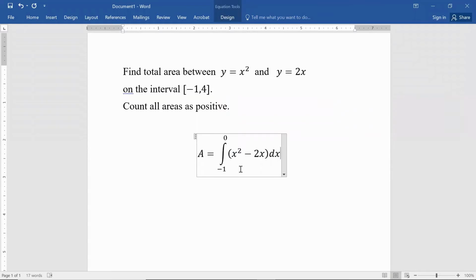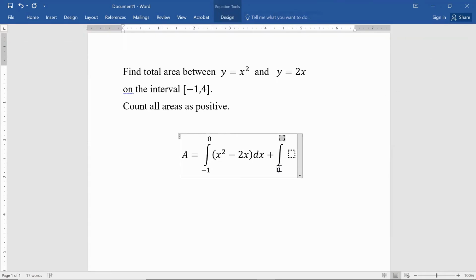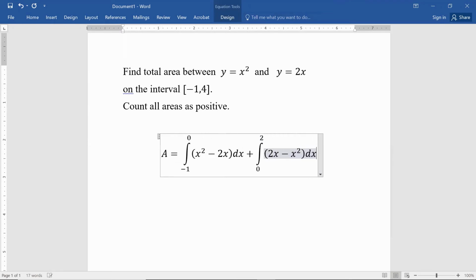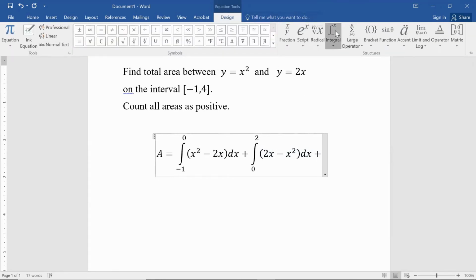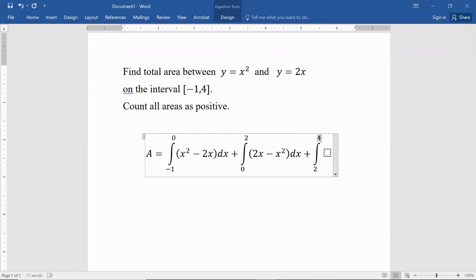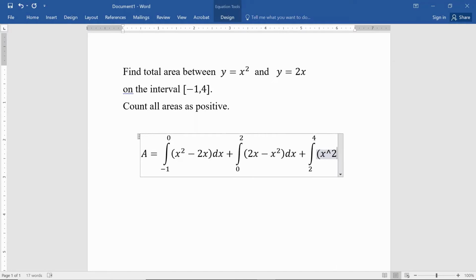That's that first region. The second region is going to go from 0 to 2, and in that region, the 2x is on top. And then a third region, which is going to go from 2 to 4. The x squared is back on top.